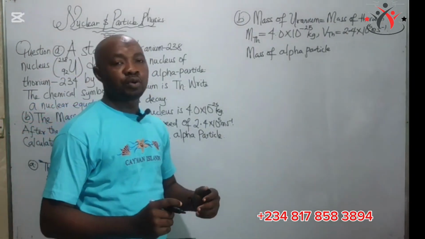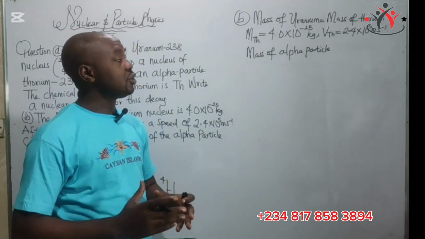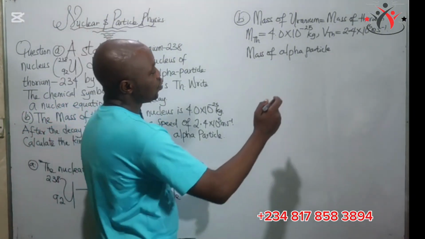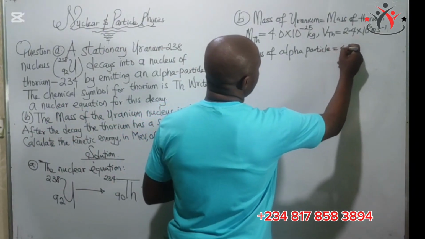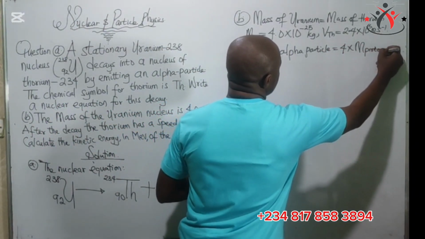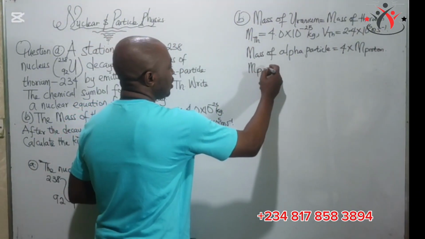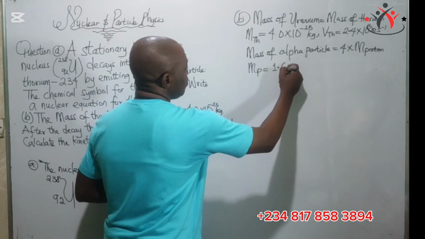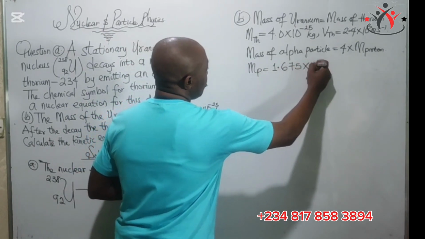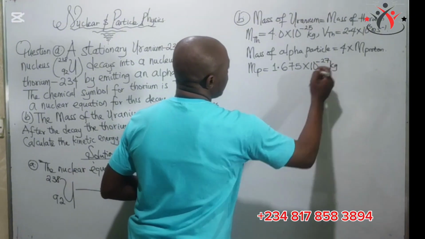We know that the mass of the proton is 1.675 multiplied by 10 raised to the power of negative 27. So this is going to be 4 multiplied by the mass of the proton. Now, what is the mass of the proton? It is 1.675 multiplied by 10 raised to the power of minus 27 kilogram.